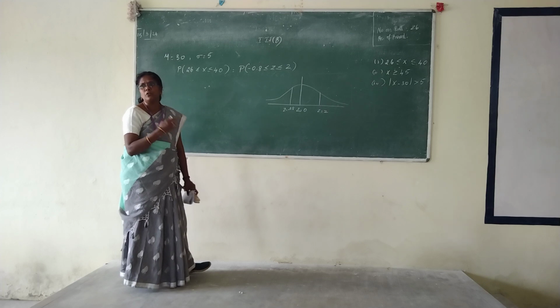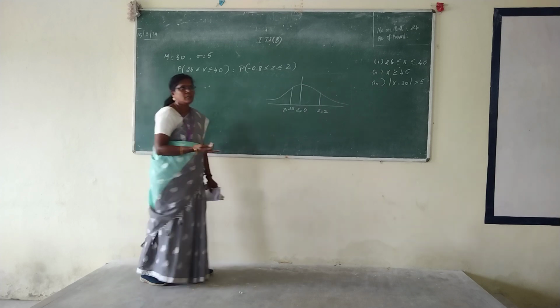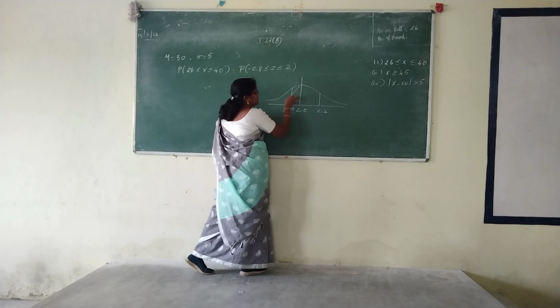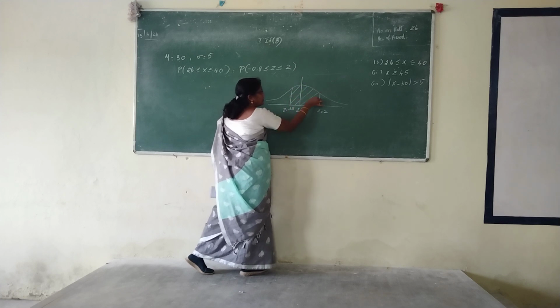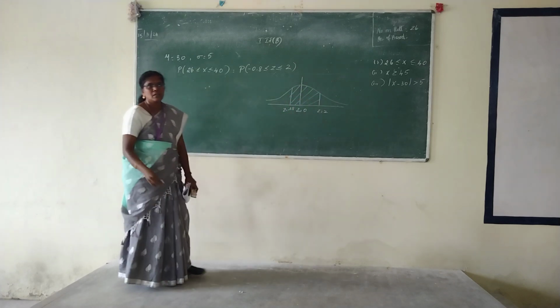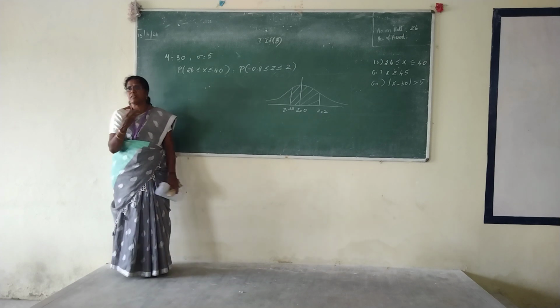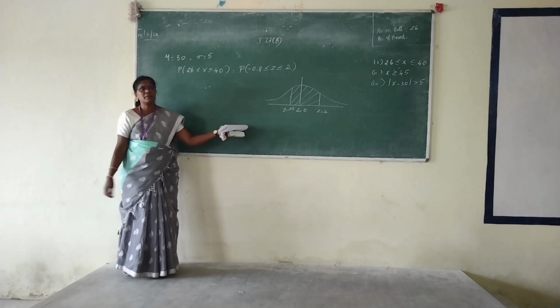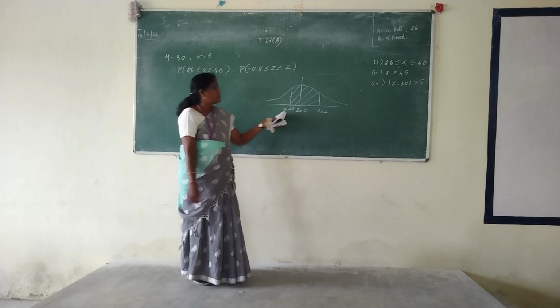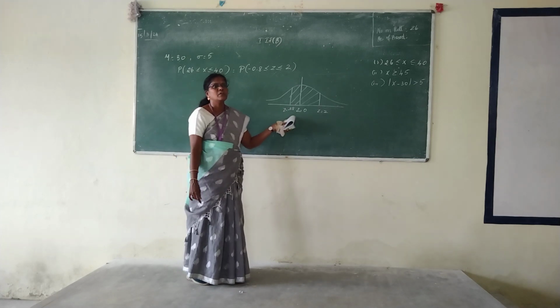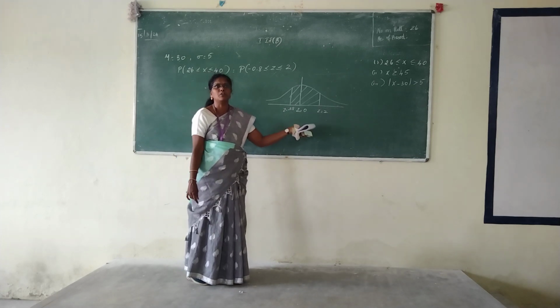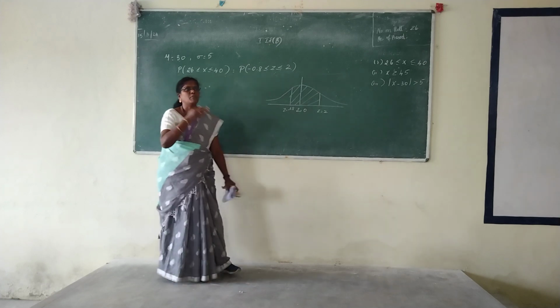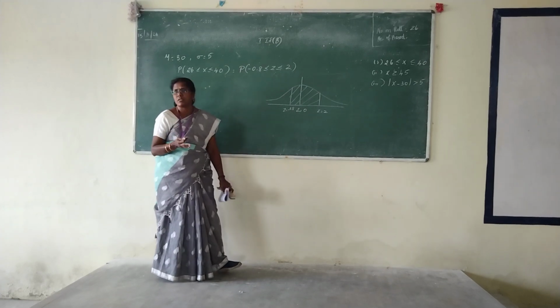Minus 0.8 to 2. Shade that one. Can you identify that area or not? Yes. Now from the diagram, it is easily split in terms of 0. We split it into minus 0.8 to 0 and 0 to 2. That is the logic here.